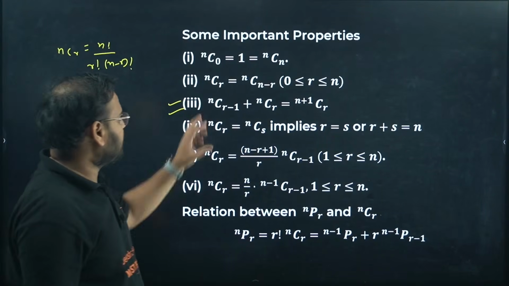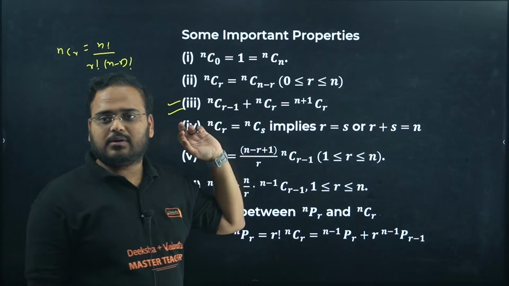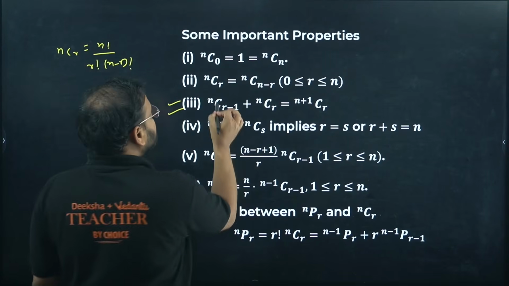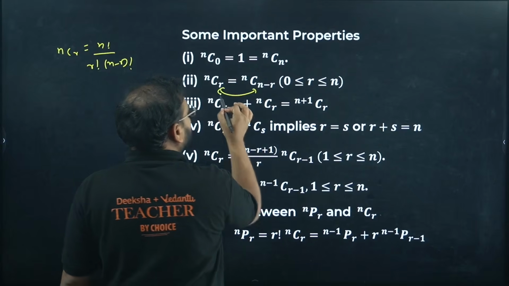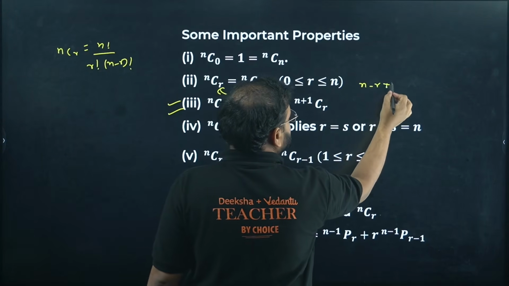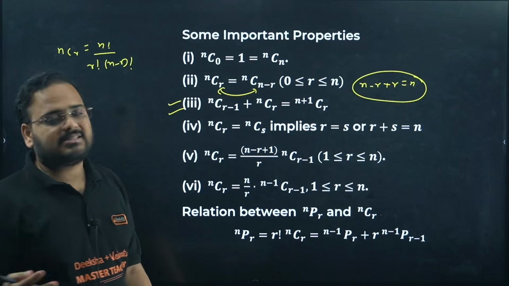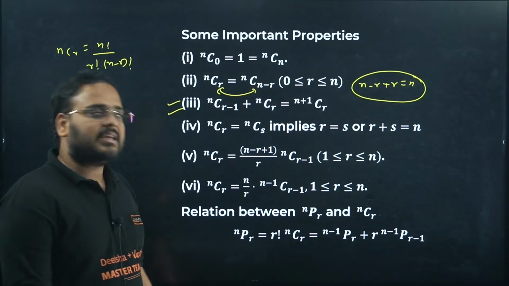NC0 equals 1, NCN equals also 1. NCR equals nC(n minus r). Basically this sum should be equal to n. So n minus r plus r is equal to how much? n. If that is the case, then NCR and NC(n minus r) are always equal.